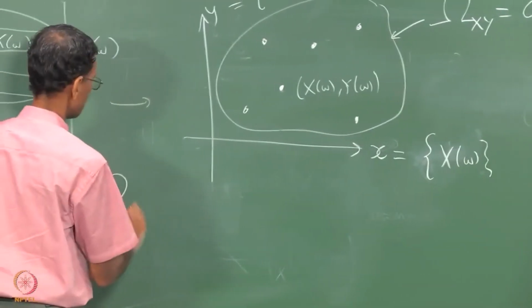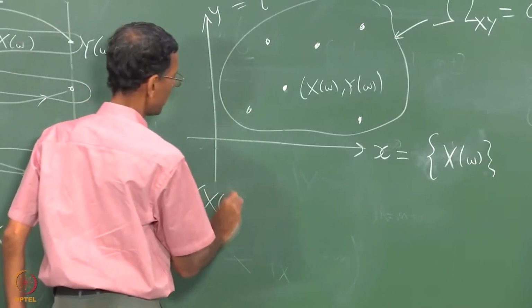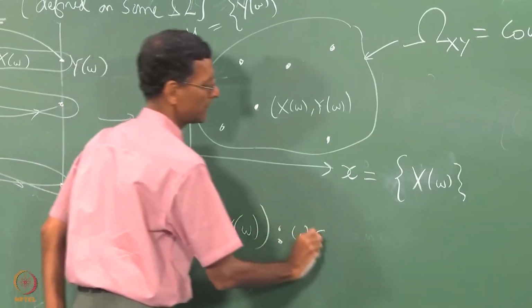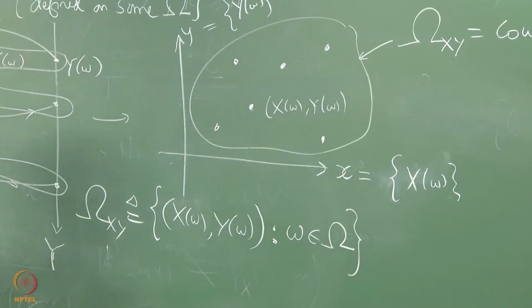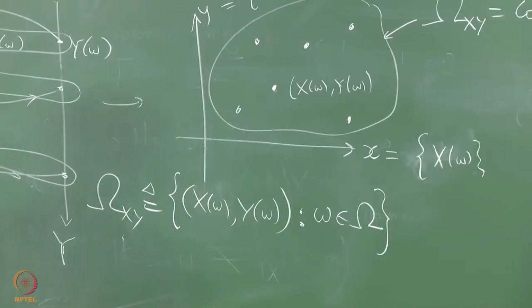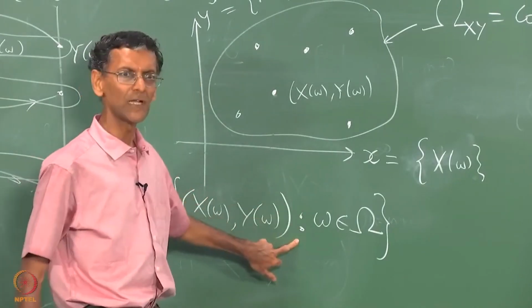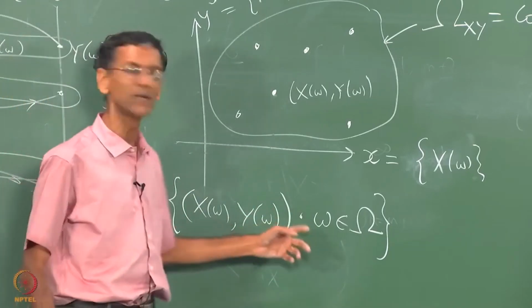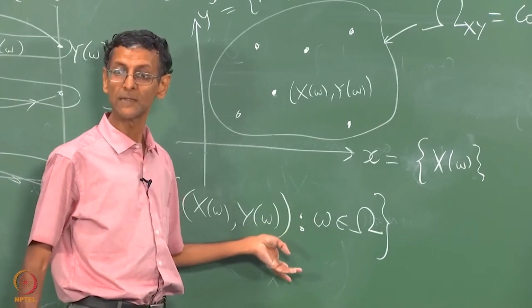So, omega xy is essentially defined to be x(omega), y(omega) for all small omega in capital omega. Just think of it like this. This is a qualifier, a colon. Some people use a small vertical line here, but since we have been using vertical lines for conditional probabilities, I am using a colon. A colon is also used as often as a vertical line here.